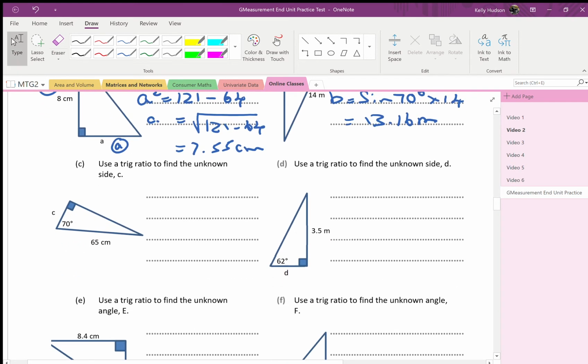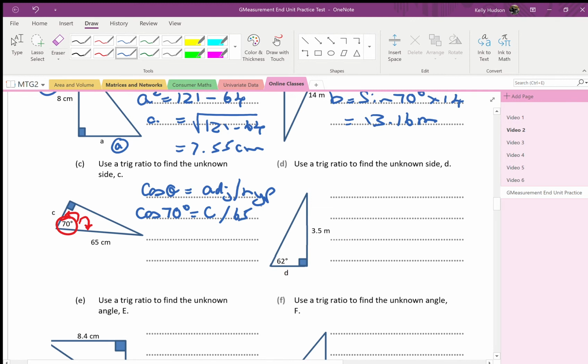For the next problem, I've got my angle in the corner. This time I've got my hypotenuse, which is opposite the right angle, and I've got my adjacent side. So I've got the adjacent and I've got the hypotenuse. So this one's going to be cos. Cos theta is equal to my adjacent side divided by my hypotenuse. So cos 70 degrees is equal to, now the adjacent side will be C, and my hypotenuse is 65.